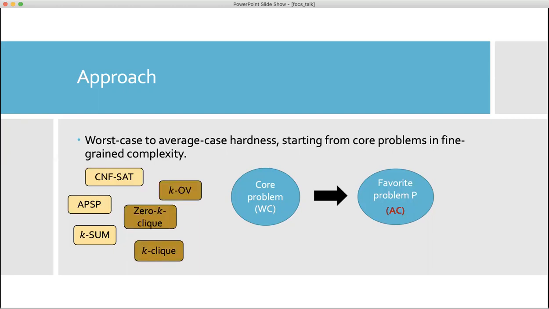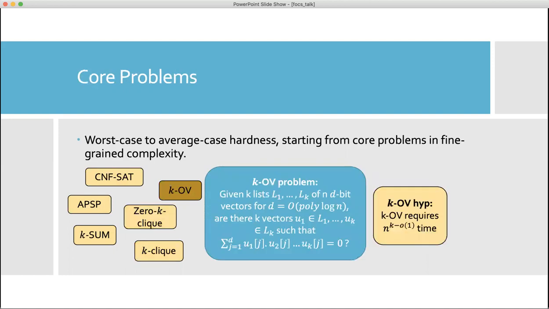For this, in our paper, we use mostly three of these core problems: k-OV or orthogonal vectors, zero k-clique, and the k-clique problem. I'm now going to define these three. Let's first start with the k-OV problem.